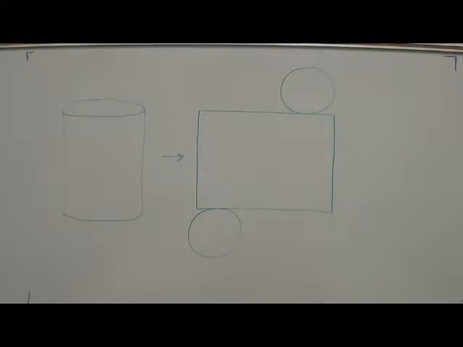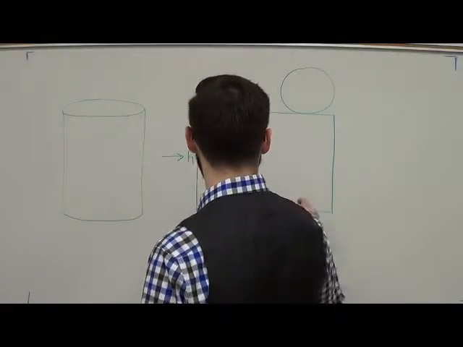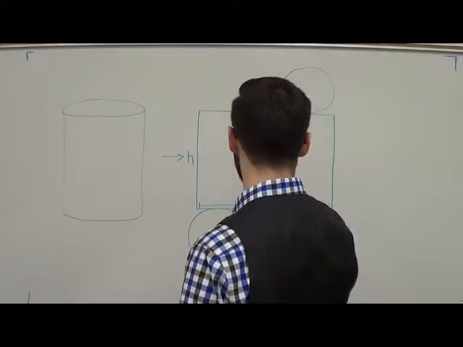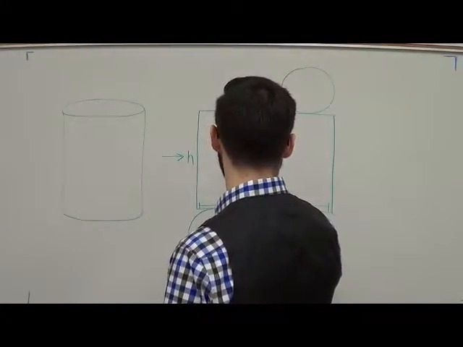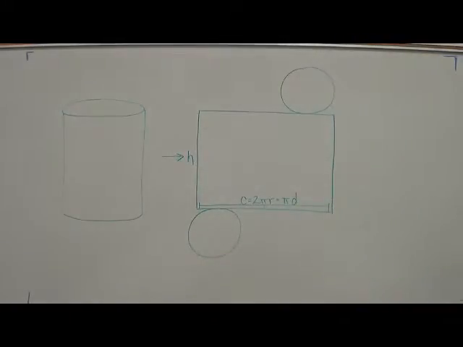It's the top and the bottom circles and then just one long rectangle where this length is the height and this length going this direction is the circumference, which we know is 2 pi r, or pi times diameter. So we're going to do some work to get to that point.